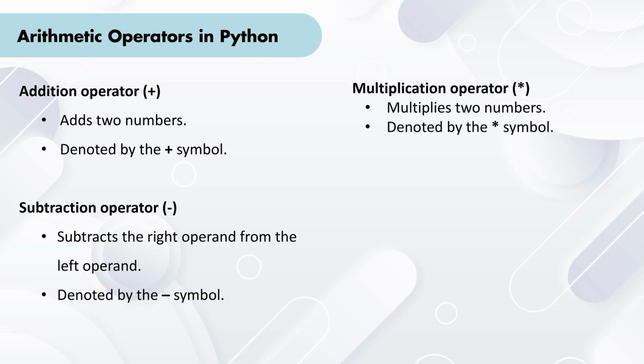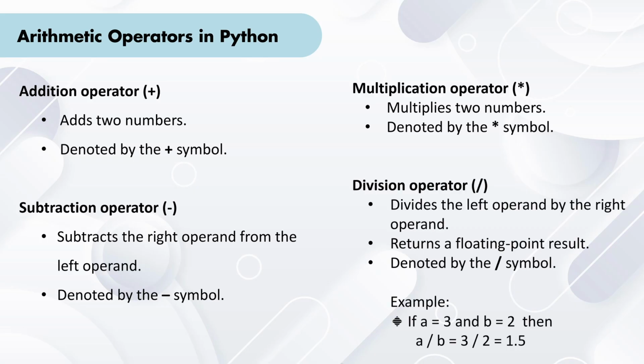The multiplication operator multiplies two numbers and is denoted by a star symbol. The division operator divides the left operand by the right operand and returns a floating point result. For example, 3 / 2 gives 1.5.